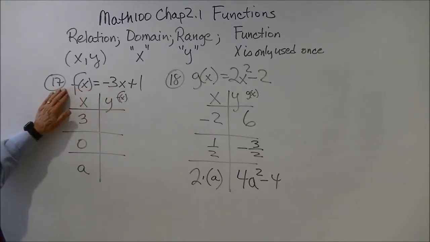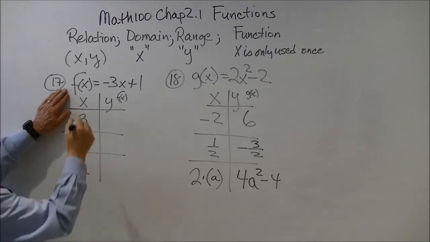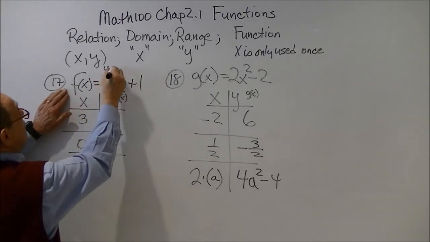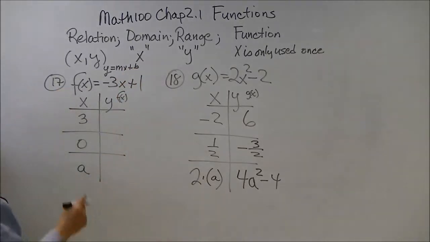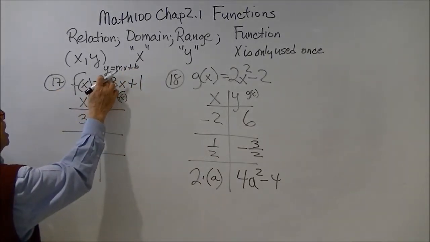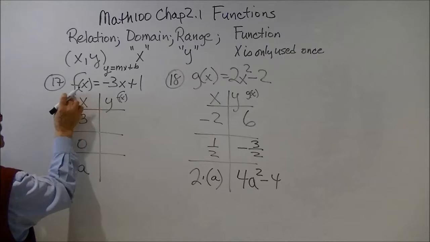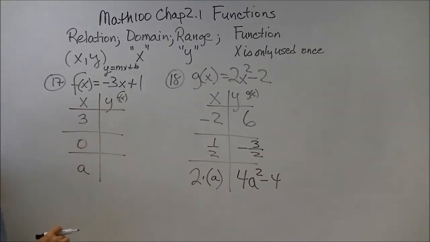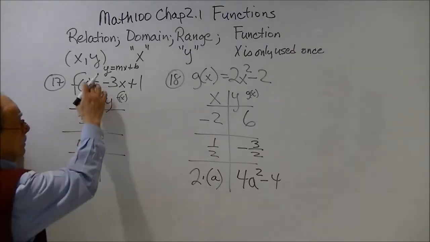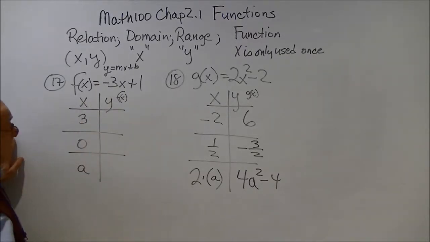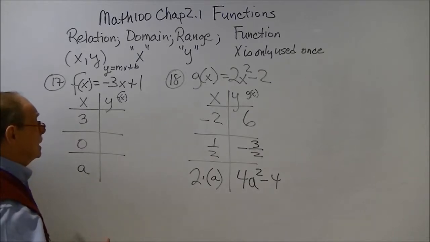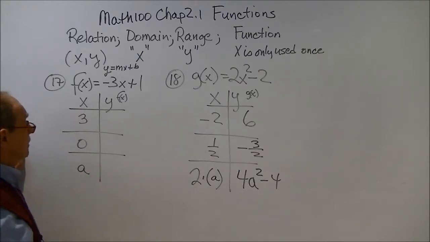That's like slope-intercept form, which we said was y equals mx plus b. But remember, we can substitute the y for f of x. So if we're going to do this, then a t-chart is very appropriate. And during the class, when I give the lesson, I use this as well.